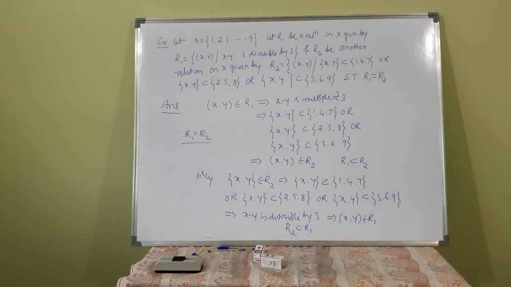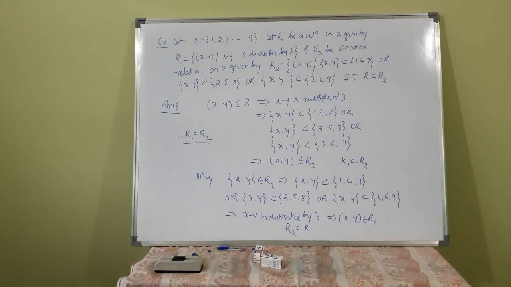If you carefully observe, the first one, R1, is the formula method, and R2 is the roster form, isn't it? Both are the same. The initial basic set is X. Let us consider R1. Suppose the ordered pair (x, y) belongs to R1, which implies x minus y is a multiple of 3.